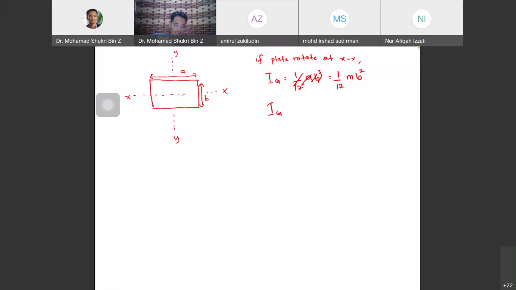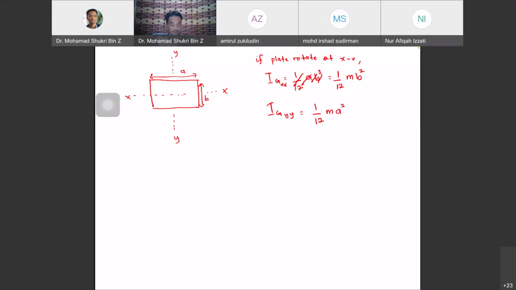So that means let's say this IGYY, this one is IGXX, is equal to 1/12 MA squared.